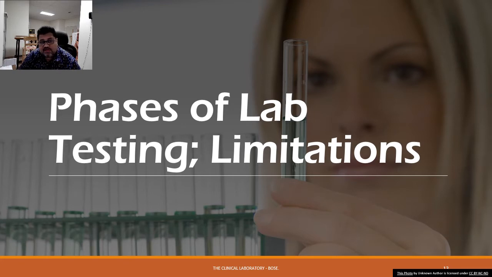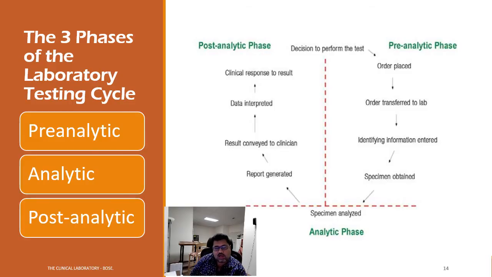We are going to look at the phases of lab testing and the limitations of lab testing in this section. The lab testing cycle begins with the ideation of the clinician when they think that a certain lab test is needed, and also involves the time that the appropriate patient sample is obtained, for example, a blood specimen, and the result of the testing is returned to the clinician, often called the vein-to-brain turnaround time for the test result.